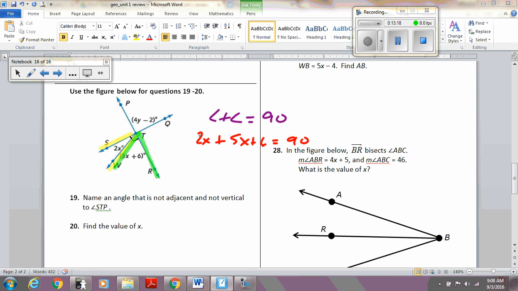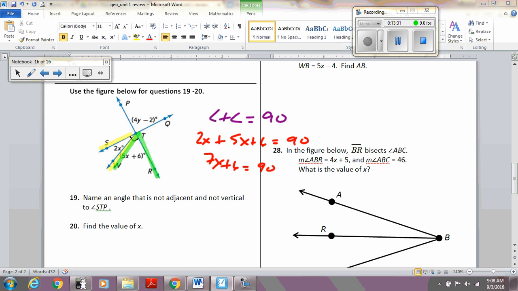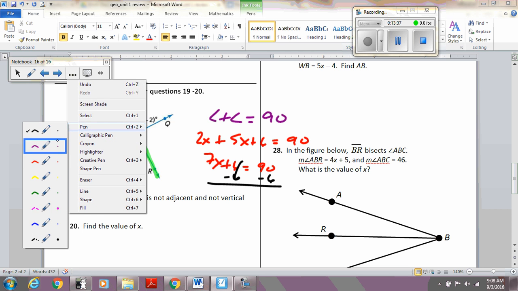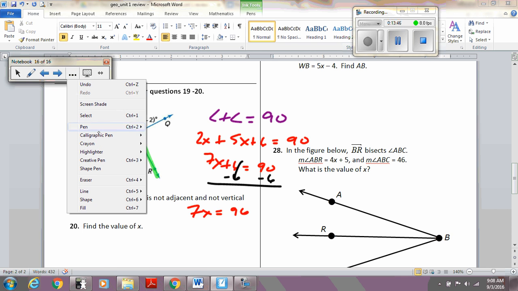All right, so combine our like terms, 2x and 5x, you get 7x plus 6 equals 90. Subtract both sides by 6. And you would get 7x is equal to 96. Then divide both sides by 7.